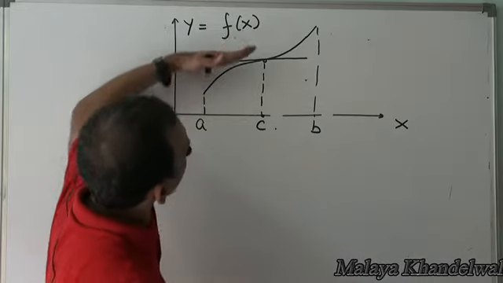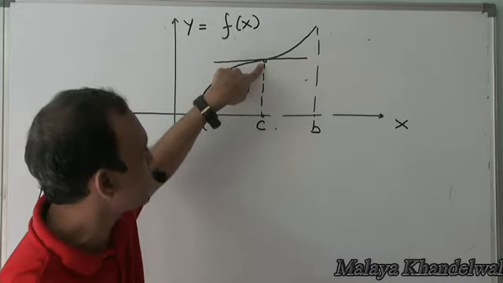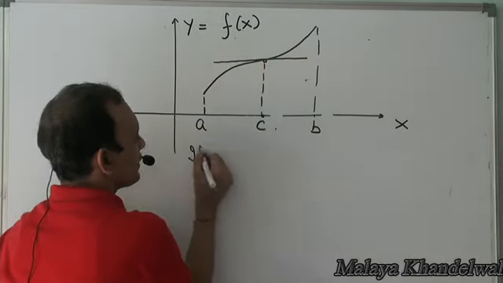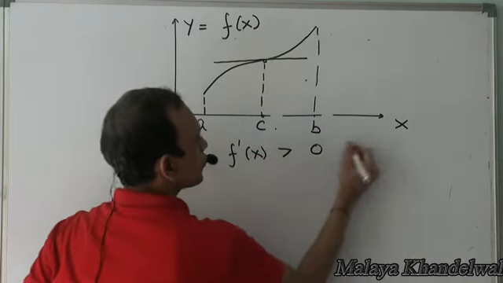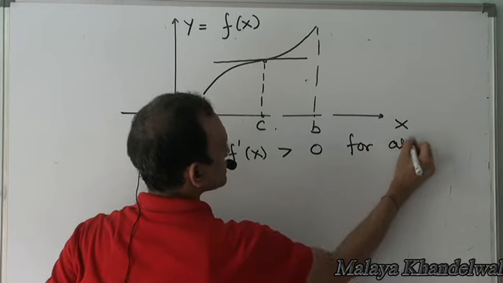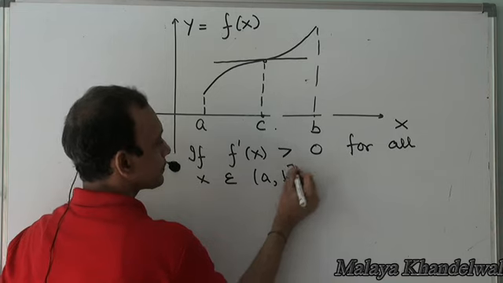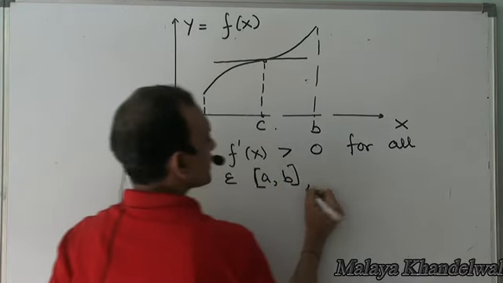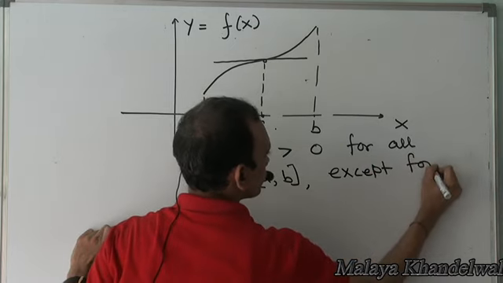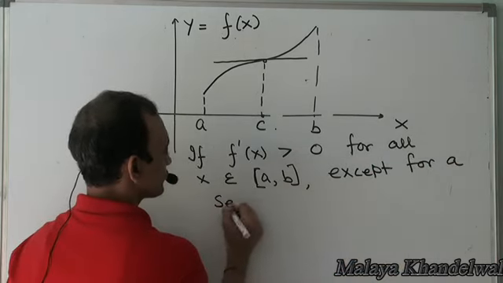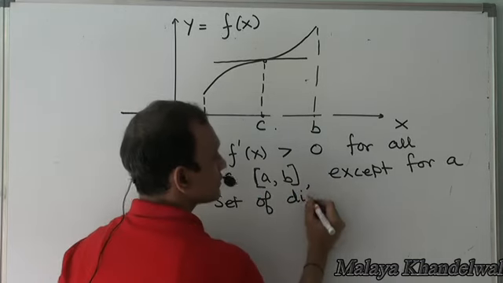See, in this case, f dash x is positive everywhere, except at a point c for example, right? If f dash x is positive for all x belonging to a to b, except for a set of discrete points c.